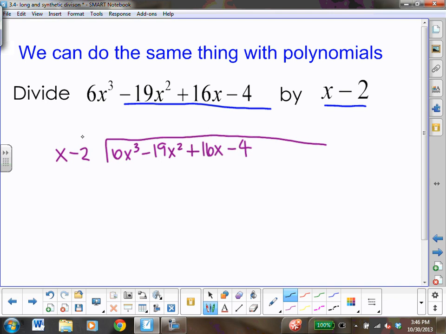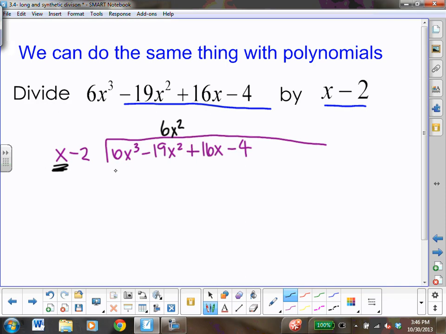You'll start with the first term, and you really only need to look at the x here. So how many times does x go into x cubed? Well, that would be 6x squared times, because 6x squared times x would give me 6x cubed.